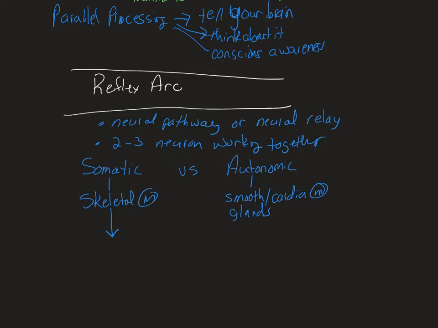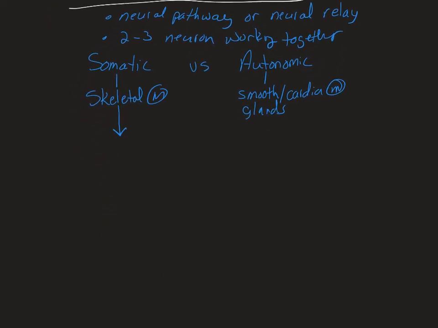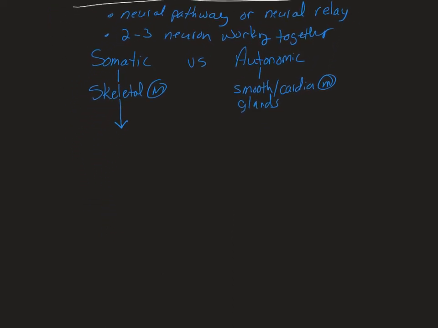These somatic reflexes are really well exemplified by the spinal reflex. And we're going to use this as our example of what a reflex arc looks like. Essentially, a spinal reflex is going to involve the spinal cord taking in sensory information.